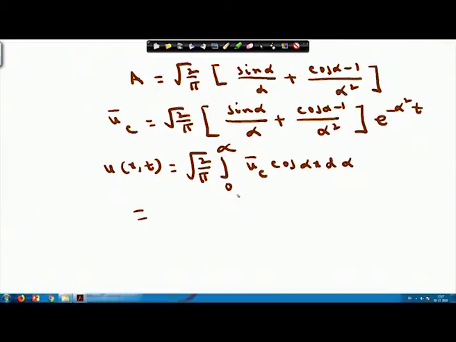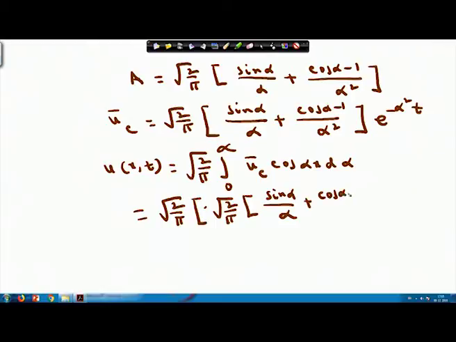You put the value of u bar c, which is root over 2 by pi into root over 2 by pi will come here, then sin alpha by alpha plus cos alpha minus 1 by alpha square into e power minus alpha square t into cos of alpha x into d alpha, and I can evaluate the integral to obtain the value of this one.